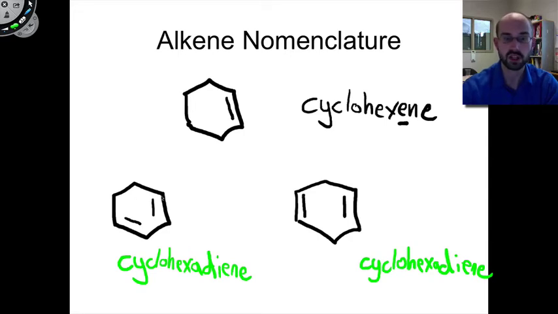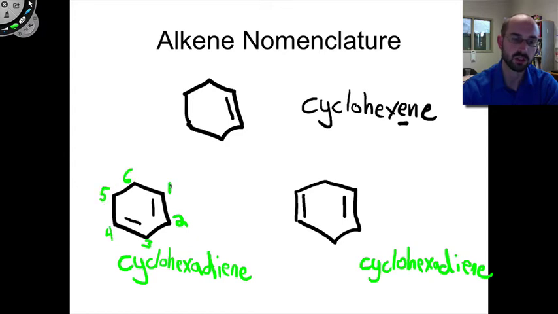The other thing that we have to do is whatever carbon we pick for the 1 carbon, so say we pick that carbon as the 1 carbon, it's got an alkene on it. Well, the 2 carbon must be the carbon on the other side of the alkene. So this carbon is pi bonded to that carbon. So if this carbon is 1, this one must be 2, and then going around 3, 4, 5, 6.